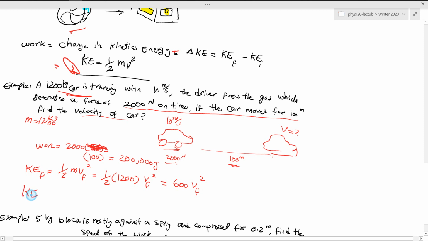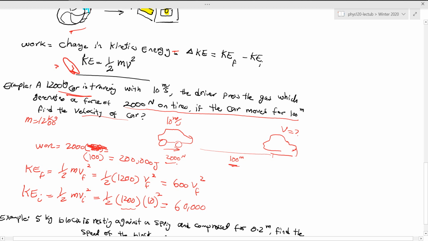Now kinetic energy initial is half of m V initial squared, which is half of 1200 times the initial velocity, 10 to the power of 2. I can simplify the very last one. So I have 600 times another 100, which will be 60,000.